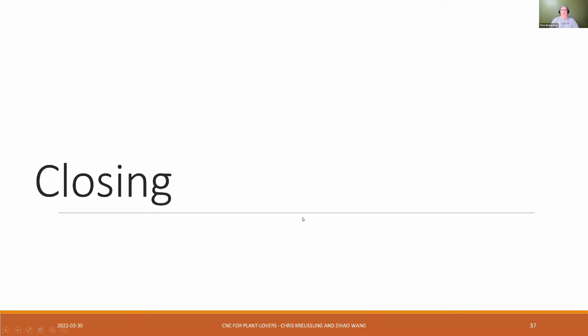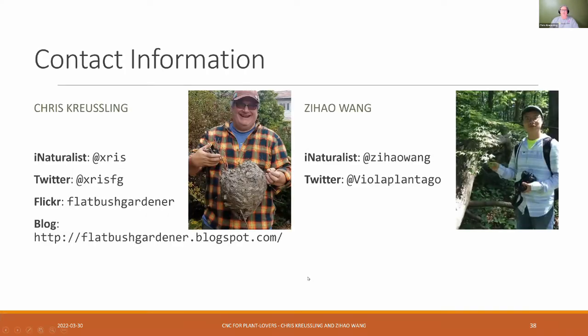So just in closing, you can get a hold of us on iNaturalist. I am XRAS. There's a long story about how I got that name. If anybody's interested, we'll talk offline. And Zihao is very clearly labeled as Zihao Wang. He's very different on his other platforms.